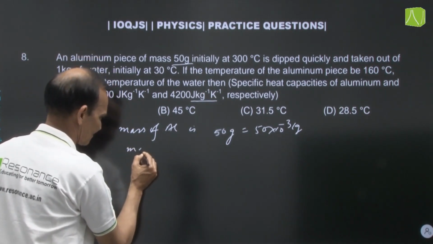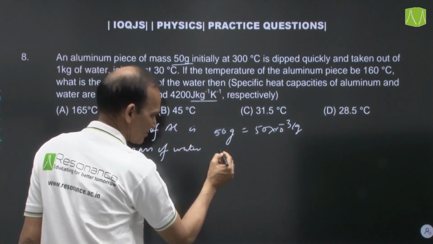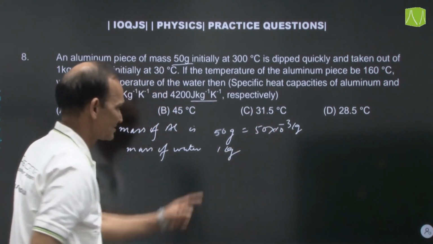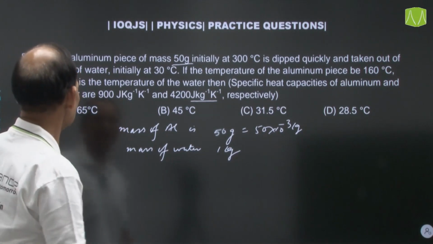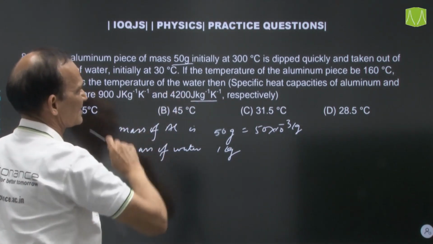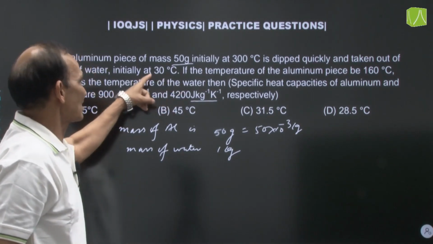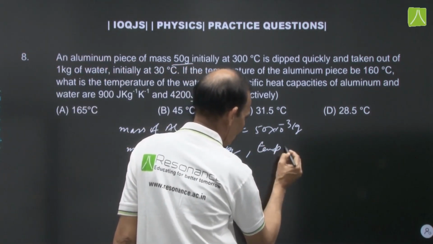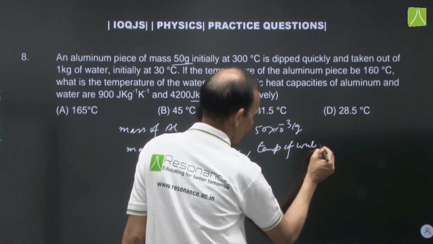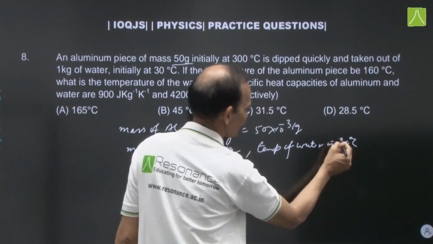The mass of water is given in gram, so convert to SI all the quantities. The initial temperature of water is 30 degrees Celsius.